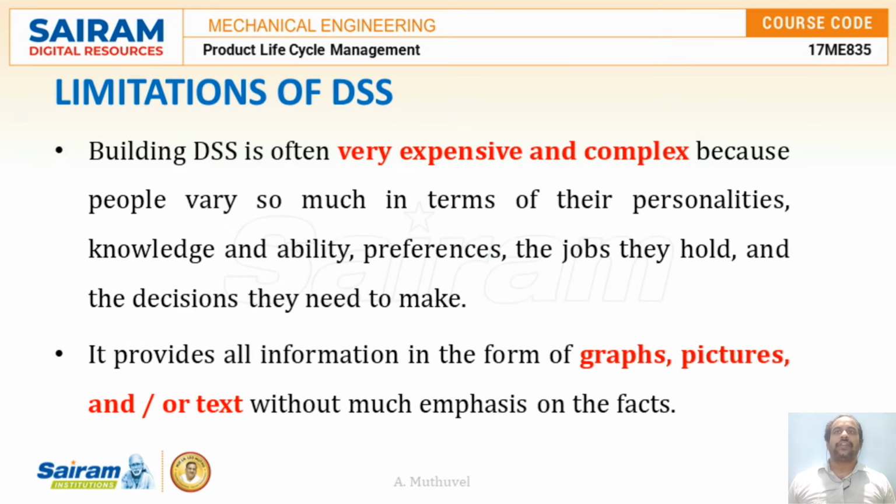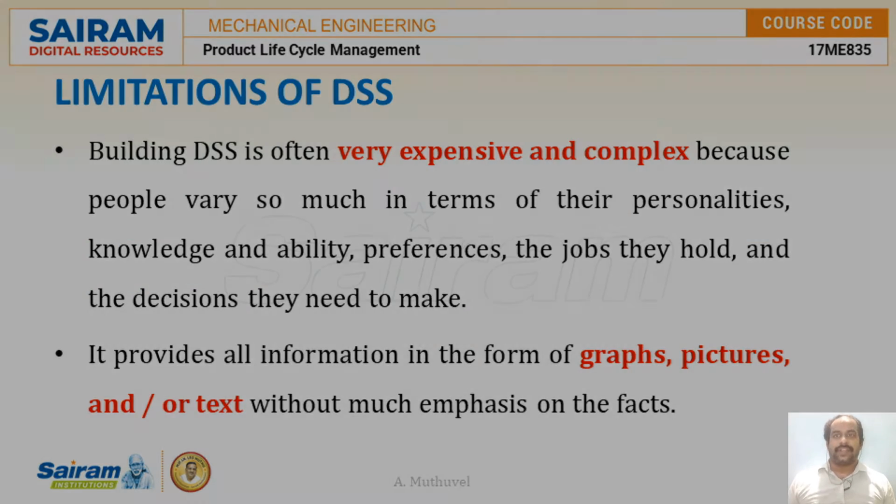Building a DSS is often very expensive and complex because people vary so much in terms of their personalities, knowledge and ability, preferences, the job they hold and the decision they need to make. So depending upon the people and the cost, it will be very high, and it provides all information in the form of graphs, pictures or text without much emphasis on facts.